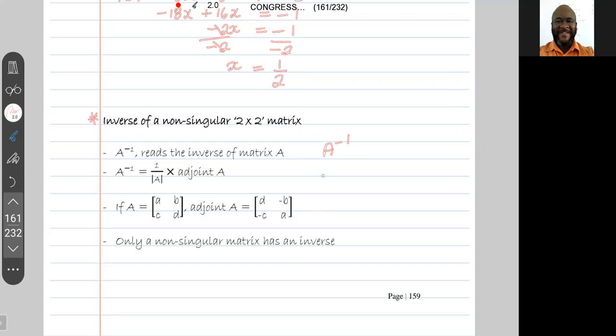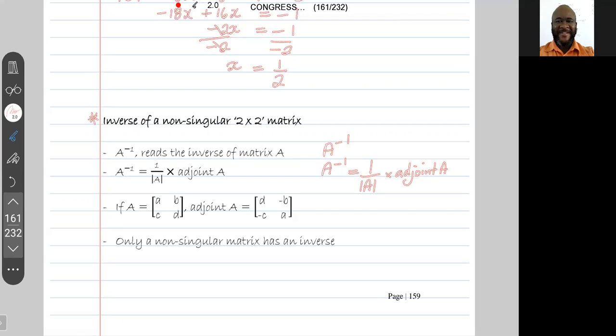Now, the inverse of matrix A, or A inverse, is equal to 1 over the determinant of A times adjoint A.